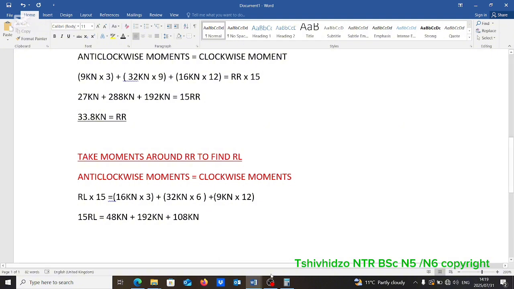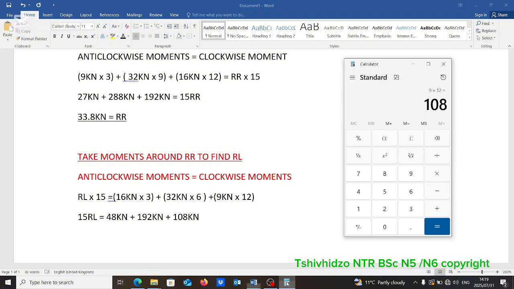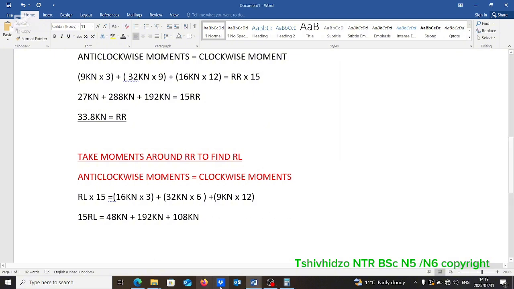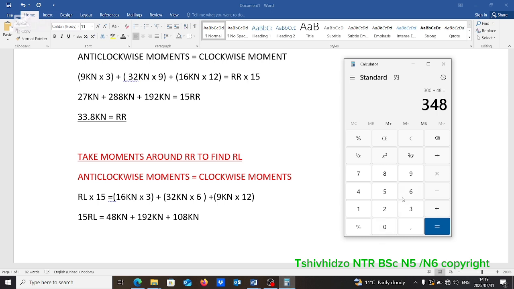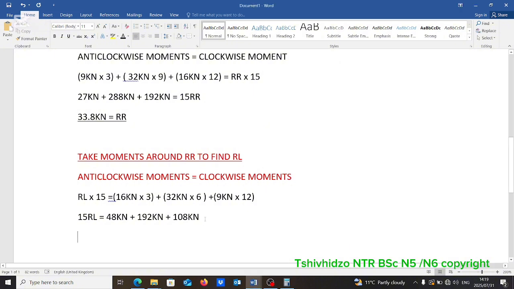So let's add 108 plus 192 plus 48 equals 348, divided by 15. So 23.2.